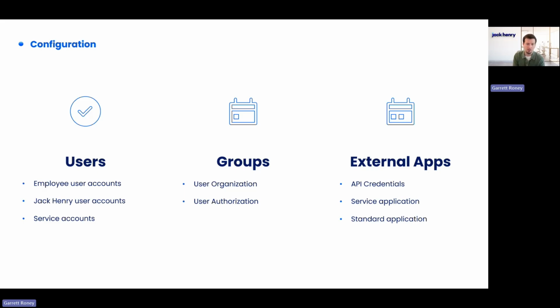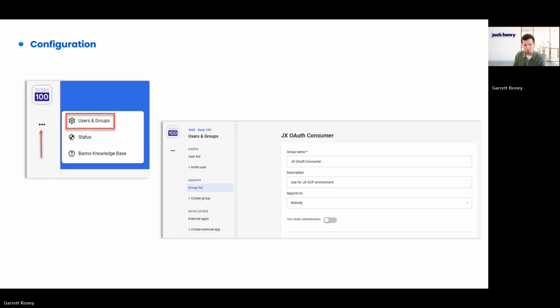And then your standard application is more using the authorization code flow, where it requires somebody at the keyboard to sign in with their user account at the institution level to then be able to get back an access token to make additional calls. As far as jXchange goes, this is only a service application, so no need for standard application. So that's what we'll really be focusing on these next few slides.